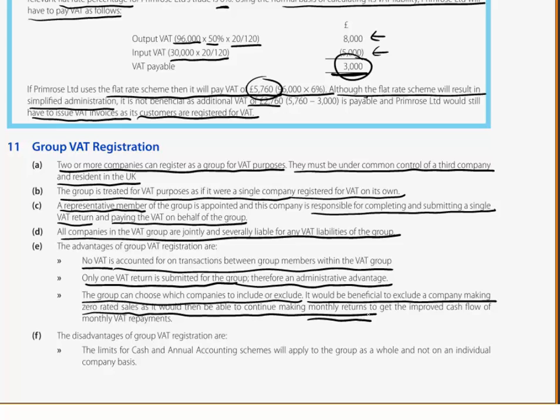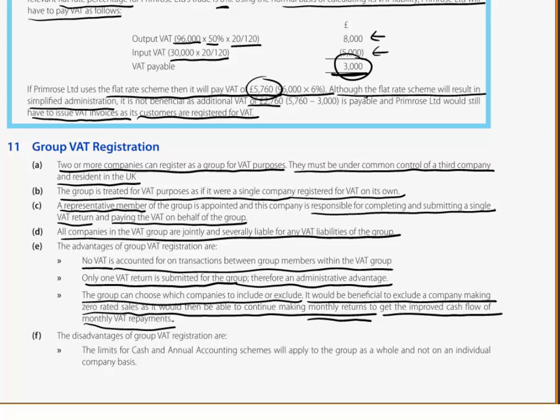Now think, if a company in the group makes zero-rated sales but has standard rated inputs, why would we want to, and presumably would, prepare VAT returns on a monthly rather than a quarterly basis? Why? Because it will get VAT repayments. So we would have monthly returns to get the improved cash flow of monthly VAT repayments.